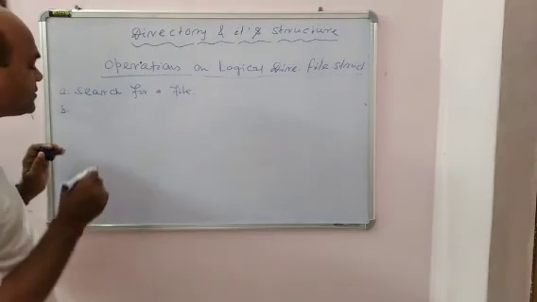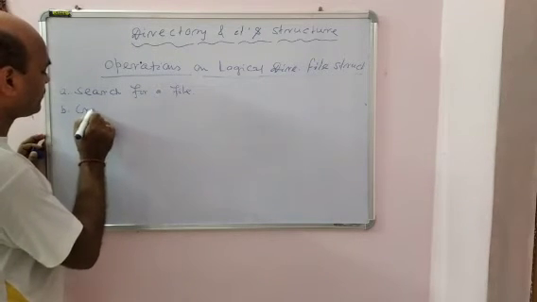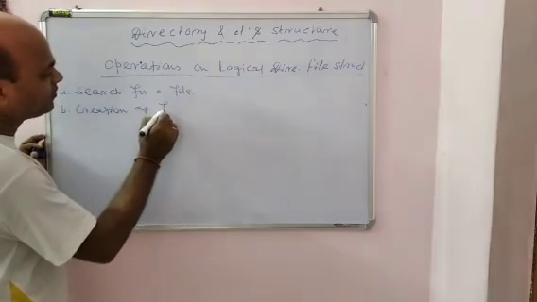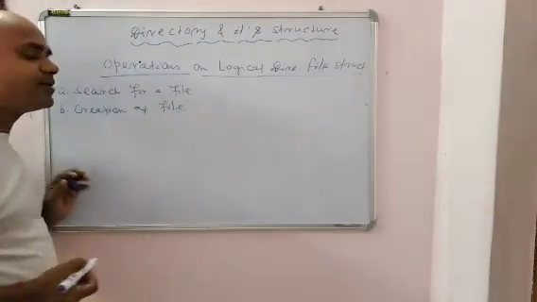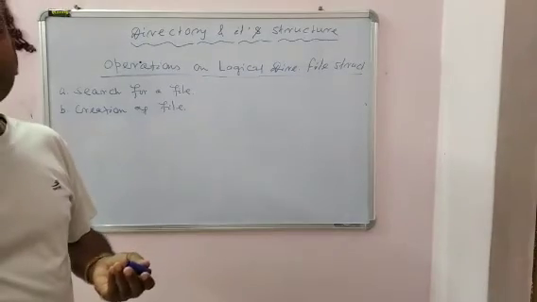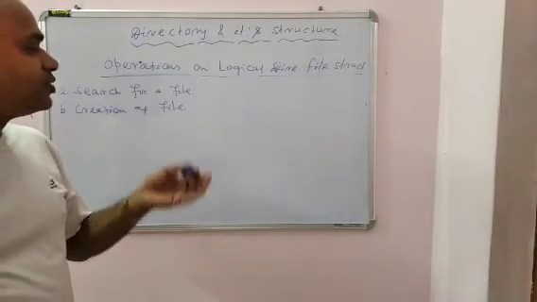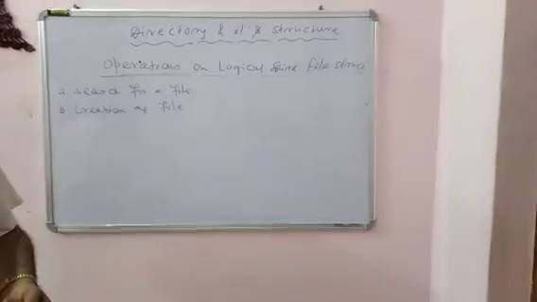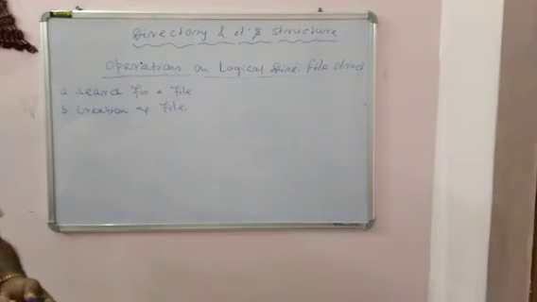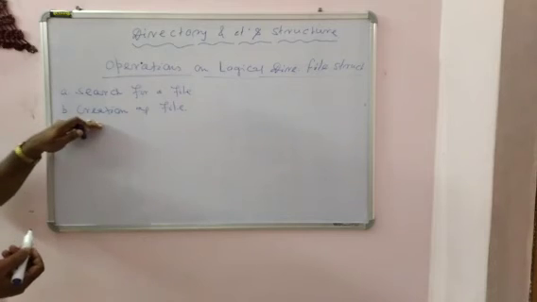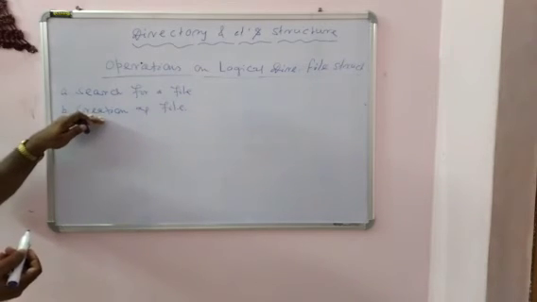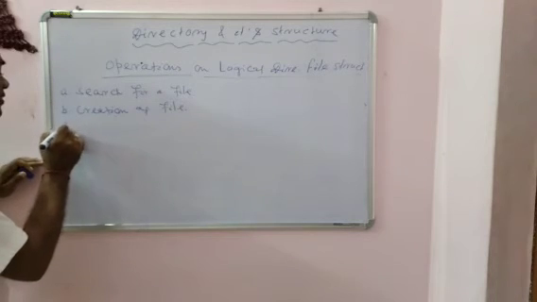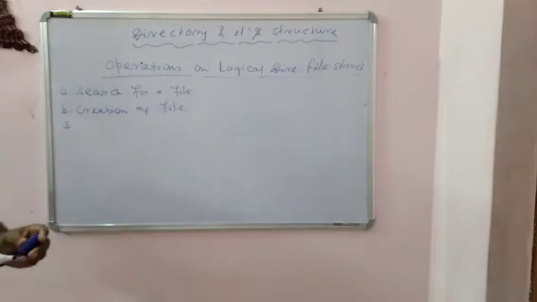Then the creation of a file. A new file can be created and stored in a particular directory. A new file needs to be created and added to the directory, so we can create different files in a specific directory.